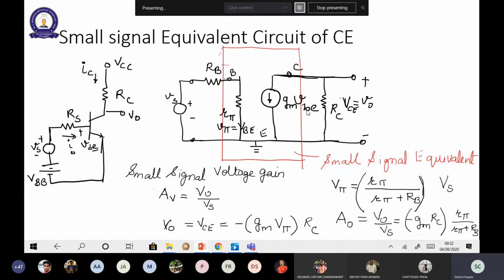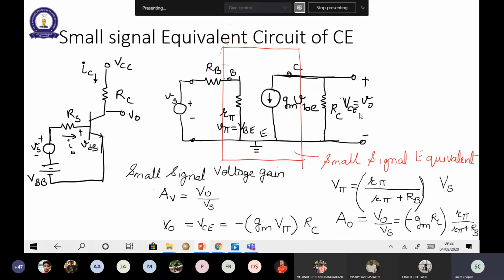Of course this VBE has to be AC, not DC. Here V pi existing across R pi is the AC signal, while the DC voltage is 0.7 volts. Just remember. And the DC VCE existing at the output terminal is different from the AC output signal VCE.